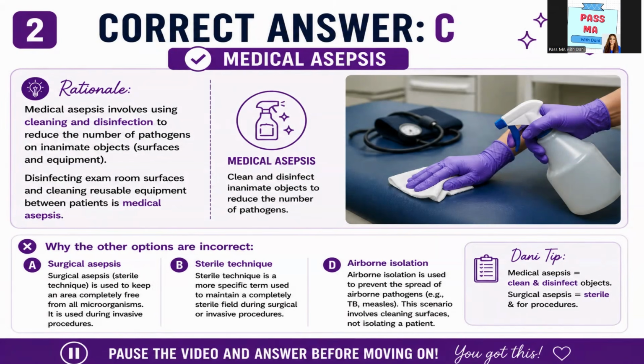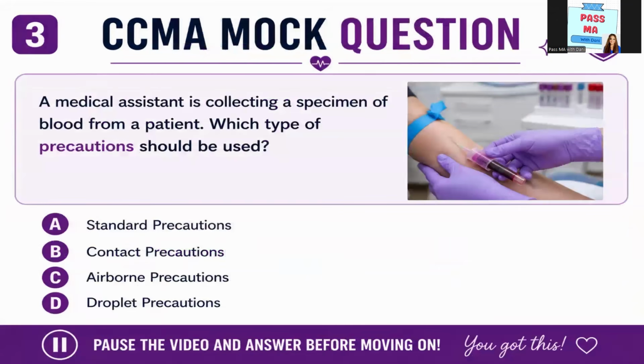All right, you guys ready for another question? A medical assistant is collecting a specimen of blood from a patient. Which type of precautions should be used? Would it be A, standard precautions, B, contact precautions, C, airborne precautions, or D, droplet precautions?